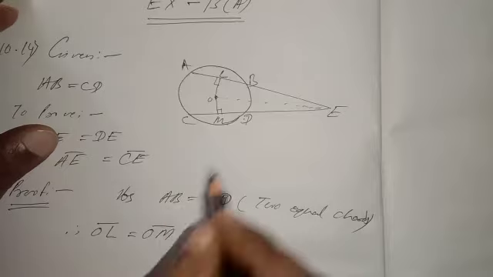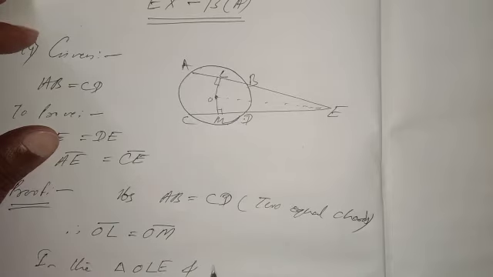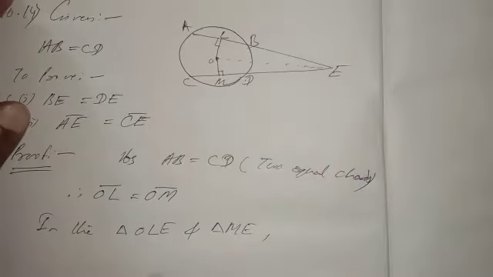Now, in triangle OLE and triangle OME, what are the things that are equal? The first part you got: OL is equal to OM, proved above.